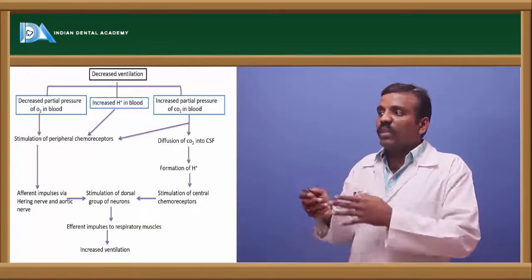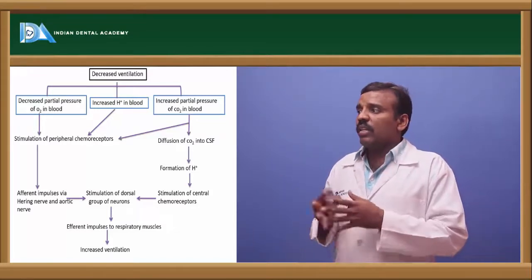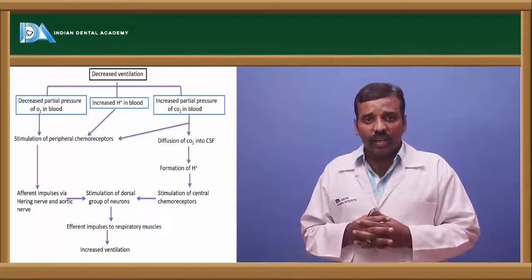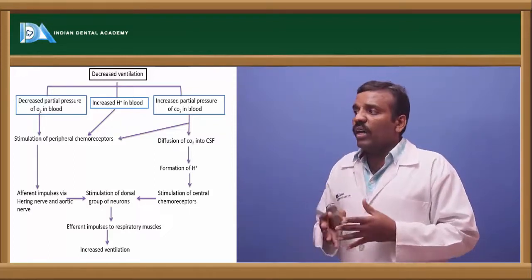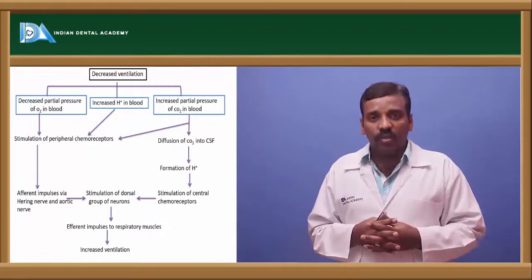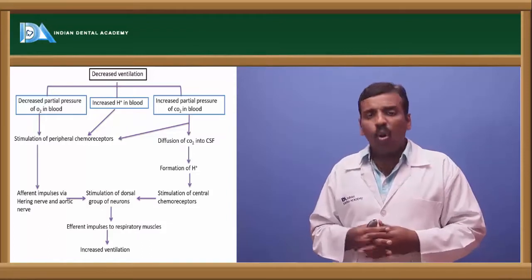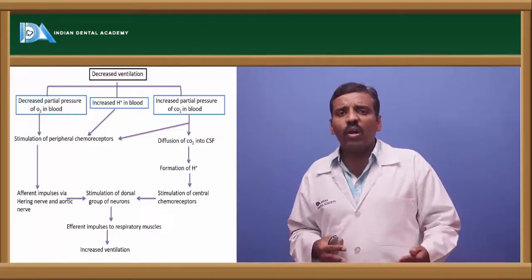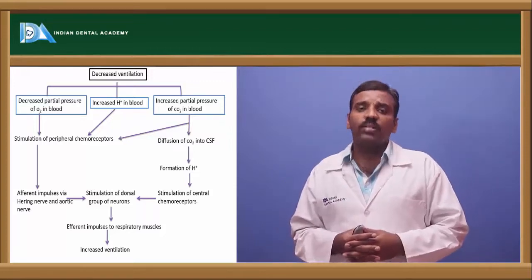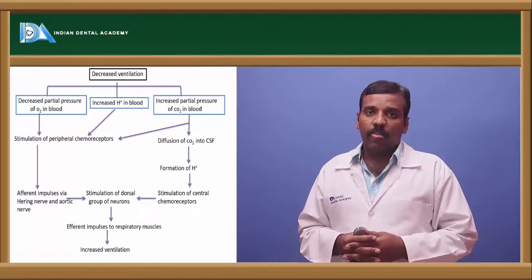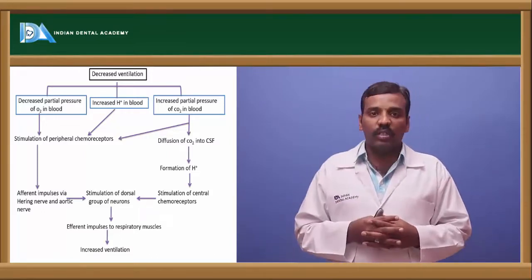If you see the possibility in this chemical regulation, it is when ventilation is decreased. That goes in two ways: one is decreased partial pressure of oxygen, and another is increased partial pressure of carbon dioxide. Obviously, when the partial pressure of oxygen is decreased, the carbon dioxide pressure is increased, and immediately there is stimulation of the peripheral chemoreceptors.